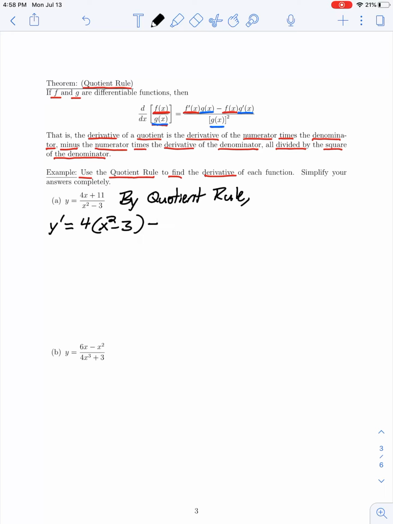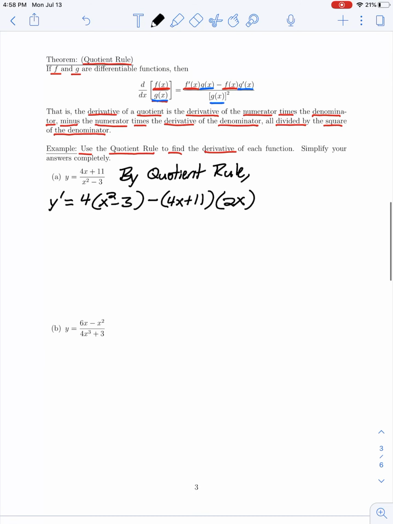Then we subtract the numerator, which was 4x plus 11, times the derivative of the denominator, which would be 2x. And then this entire expression is divided by the denominator squared. So in this case, x squared minus 3 quantity squared.